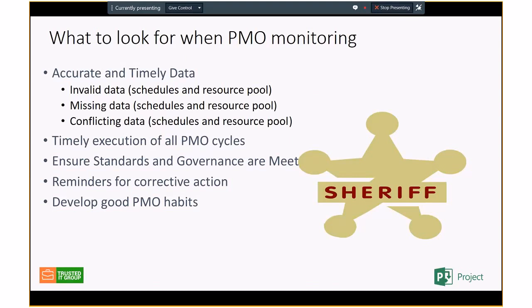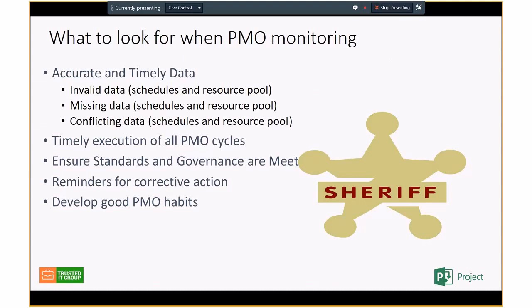It's very easy to have invalid data, either something's mistyped or selected improperly, or as things change, the data doesn't get set up correctly or becomes invalid. The other thing you might have is missing data.